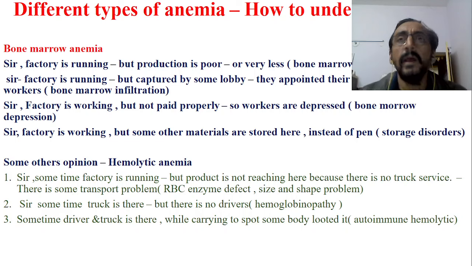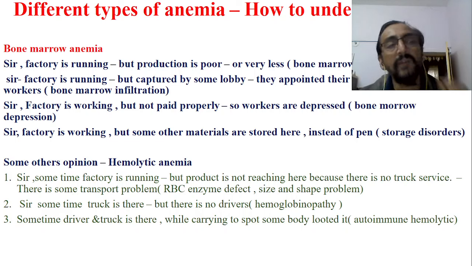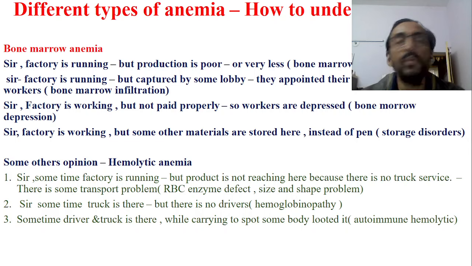Now, I asked one more worker there why the pens are not reaching the market, and he gave a different answer. He told me, sir, sometimes the factory is running, but the product is not reaching the market because there is no truck service.